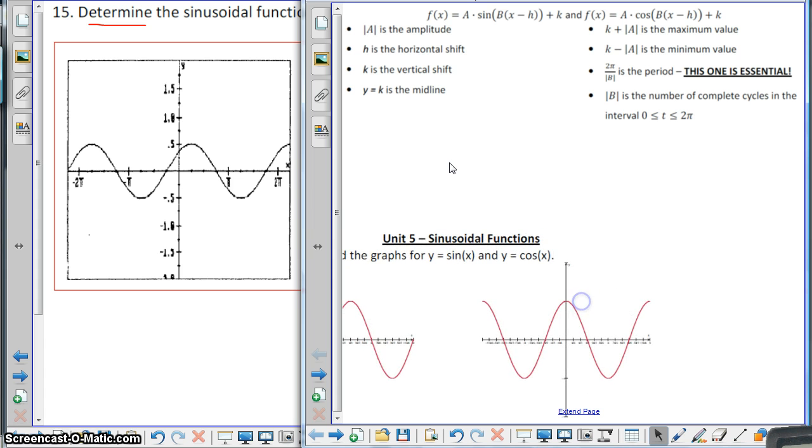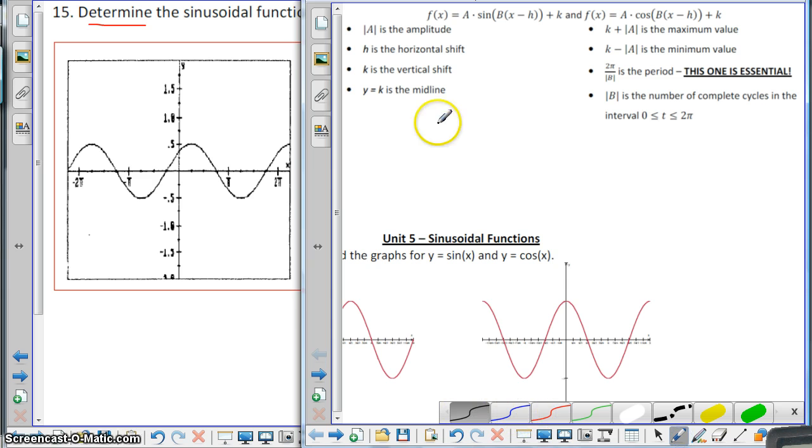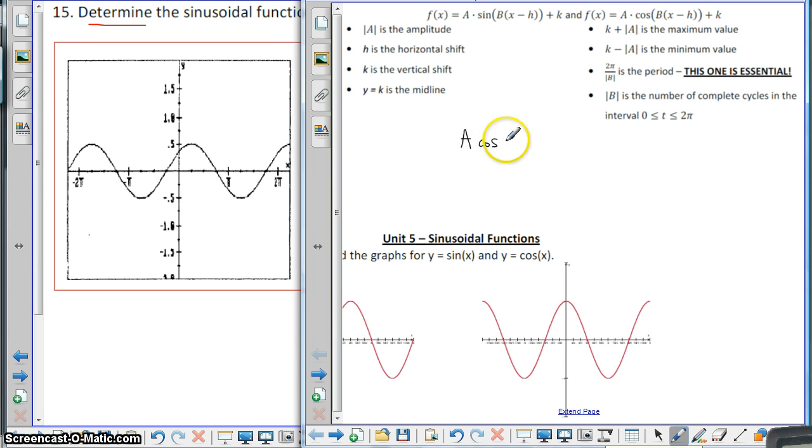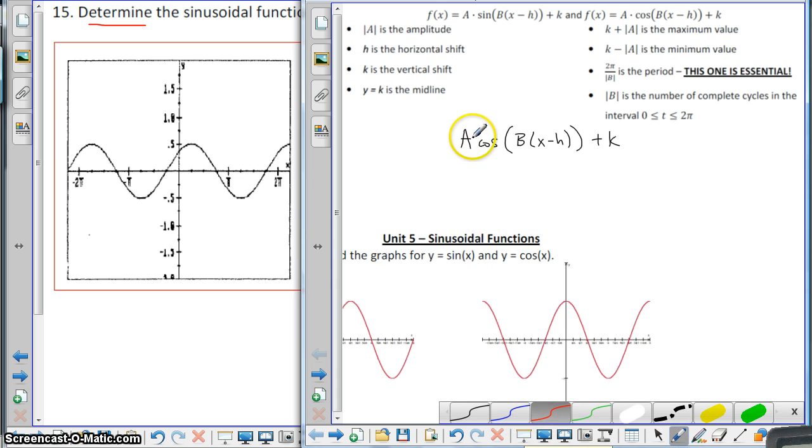for this one. So that means I'll use the generic cosine A cosine B x minus h plus k. A few of the easier things to figure out are the amplitude from the center to the top.